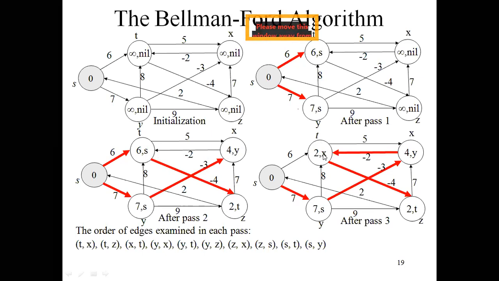So at vertex t we have the value 2. Suppose instead of nil we have written x after the comma, which is the previous vertex. After the third pass, that means the edge x to t is considered, which is why the previous vertex of t is x.